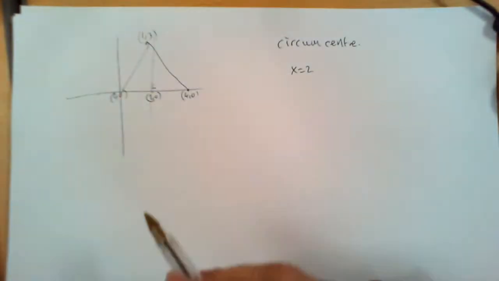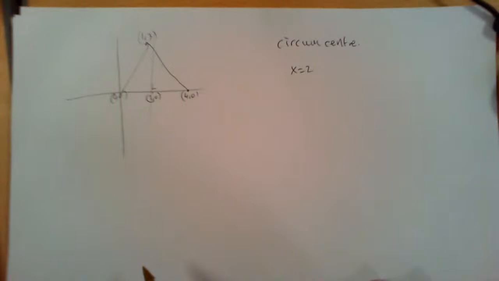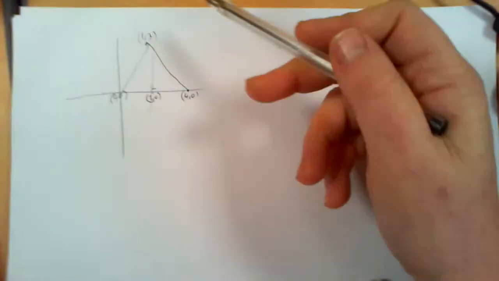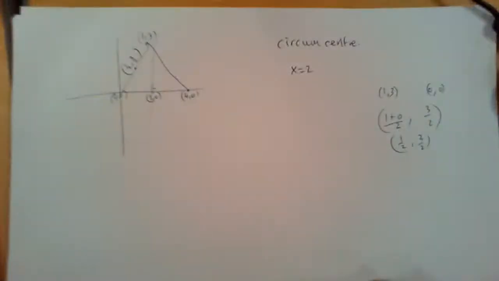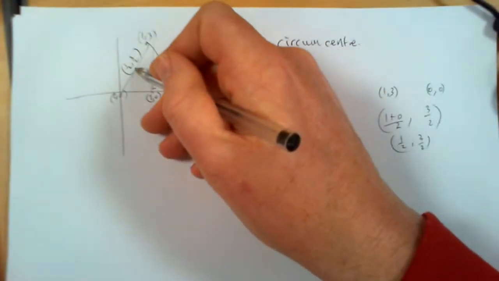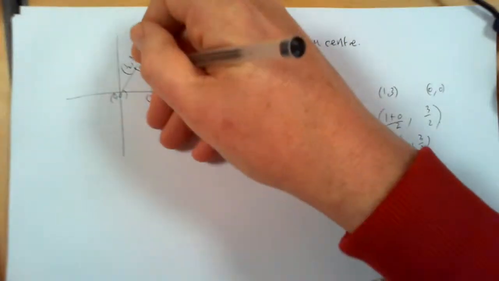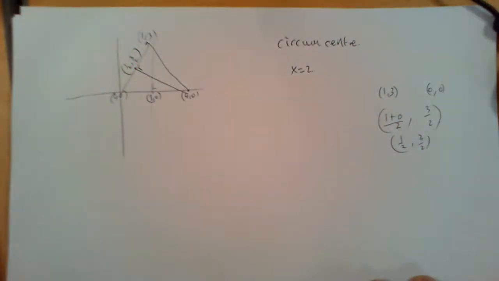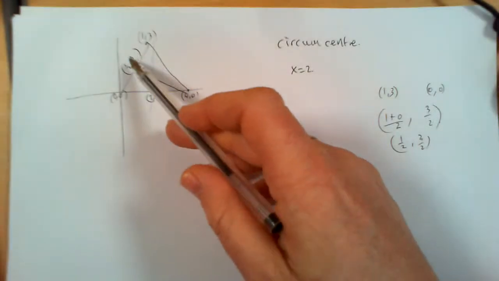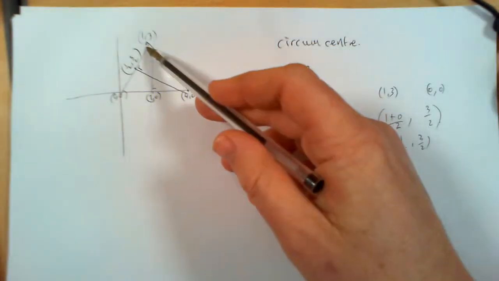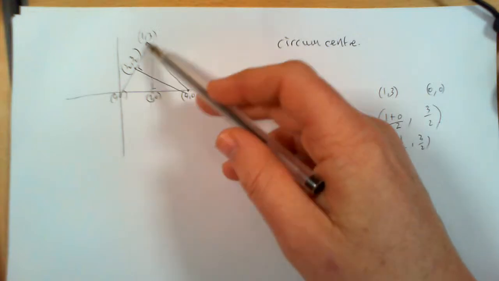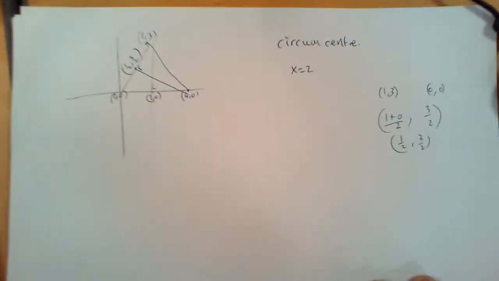Now let's find another midpoint, the midpoint of this one. We need a perpendicular line that contains that point, so we need the slope of that line to give us an equation. How do we get it? We get the slope of this side and then its perpendicular.